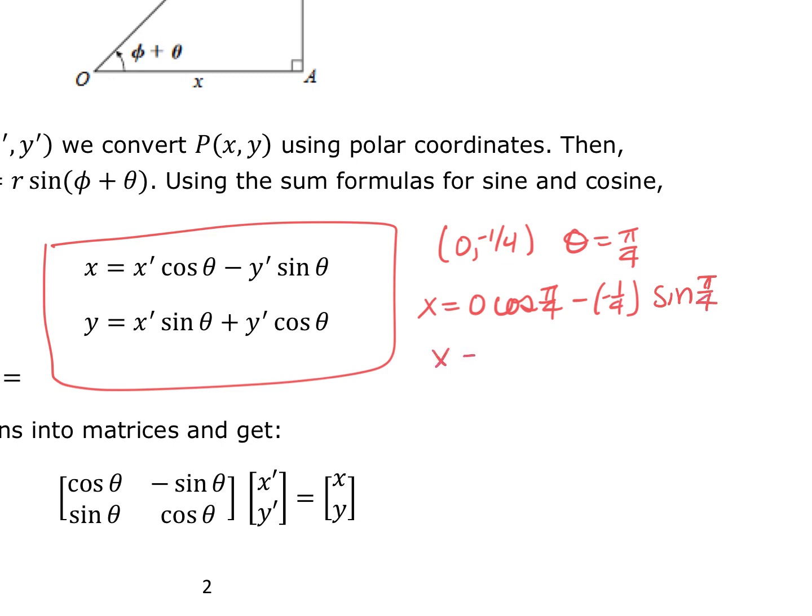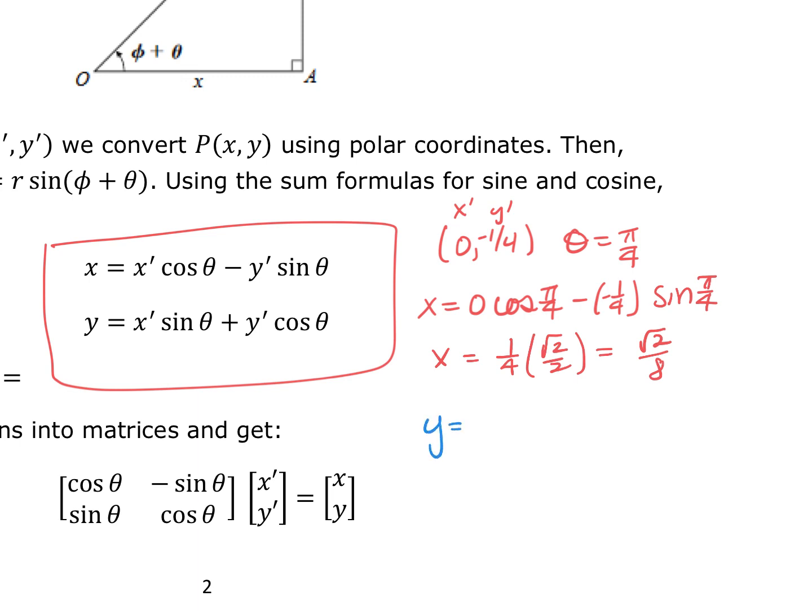So this is going to be x is equal to, well, 0 times cosine is 0, and this is going to be a positive 1/4, and then the sine of pi over 4 is the square root of 2 over 2. So my x coordinate in the regular xy plane is going to be the square root of 2 over 8.